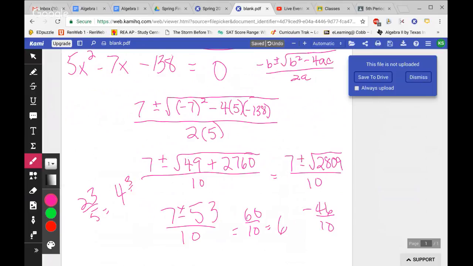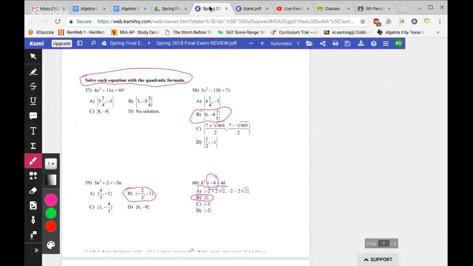Is that right? Negative 4 3/5, or a positive 6. Yeah. Is that right? 4 3/5. Okay. Yes. So B.